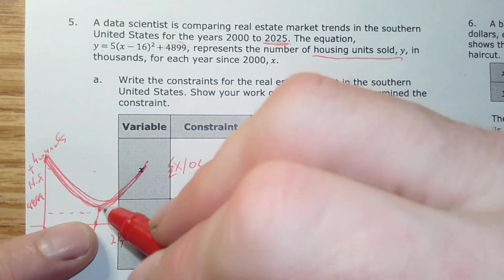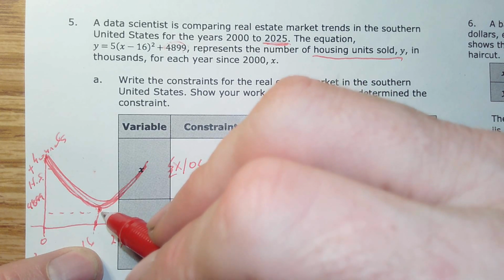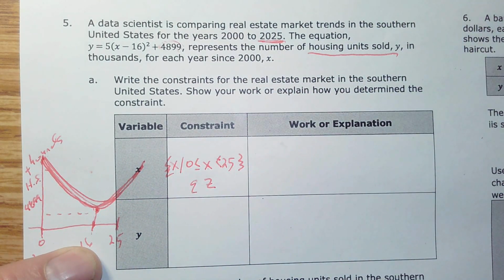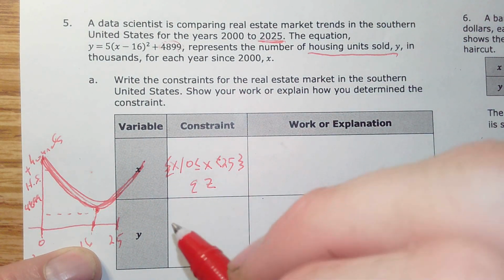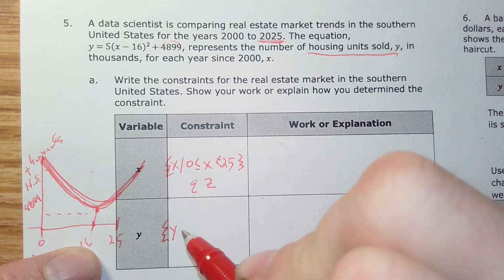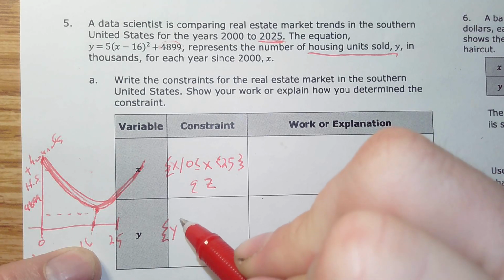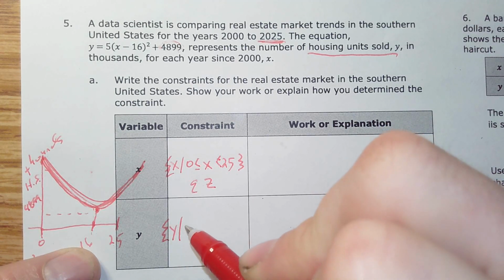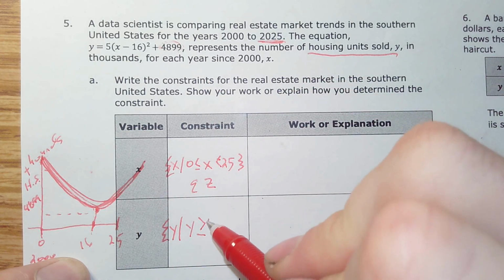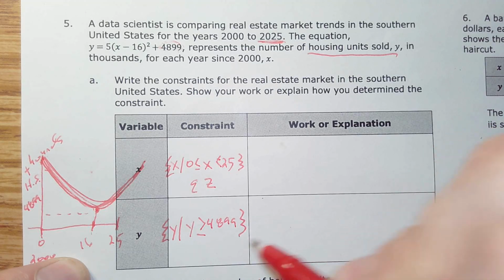There's nowhere that the line exists below my y value of 4,899,000. So I'm going to say my y values are all values of y such that y is greater than or equal to 4,899, and that is that.